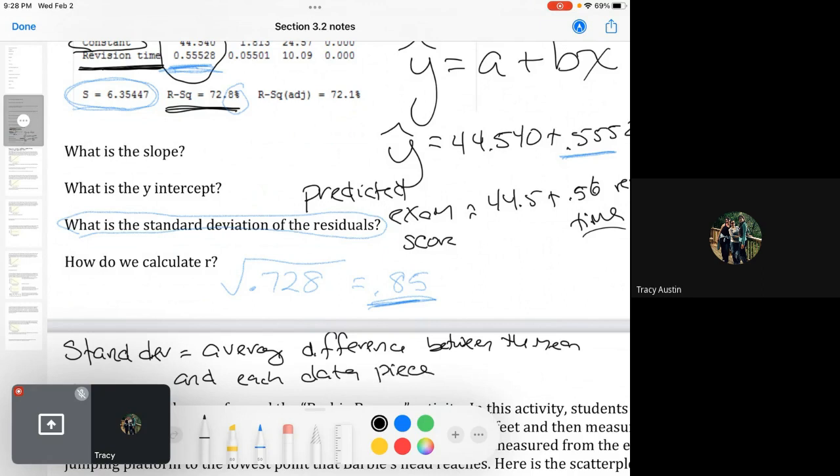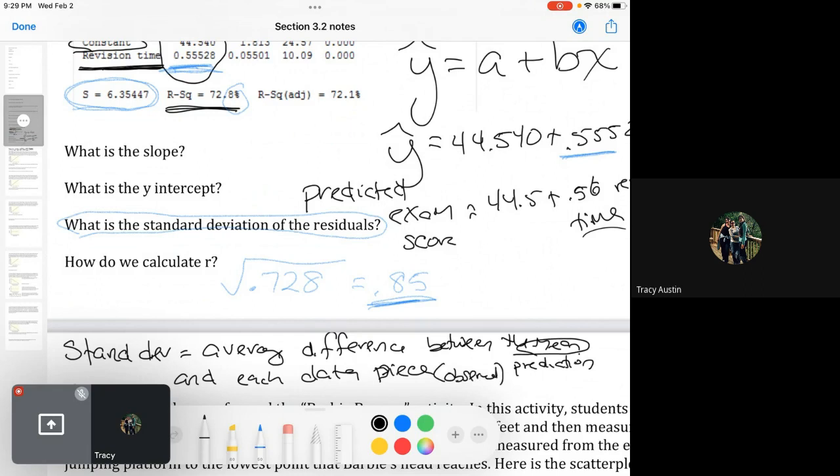It's the same exact thing in this. Your standard deviation of your residuals is literally the average difference between your prediction line and the actual observed pieces. Remember, predicted minus observed was how you actually find your residuals. So it's the average difference between your predictions and your actual observed data.